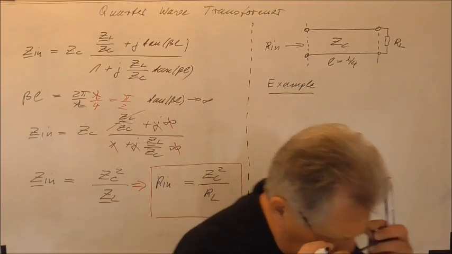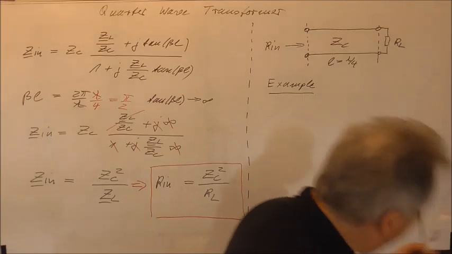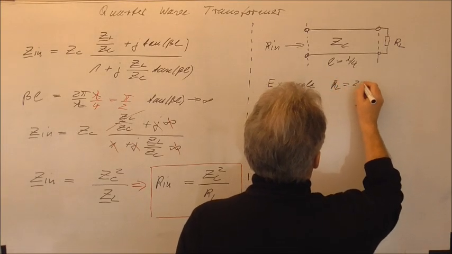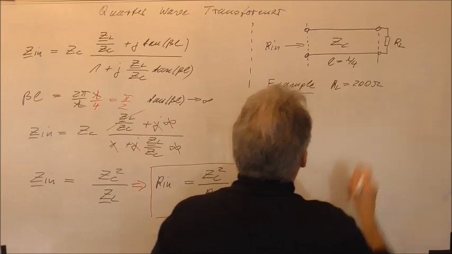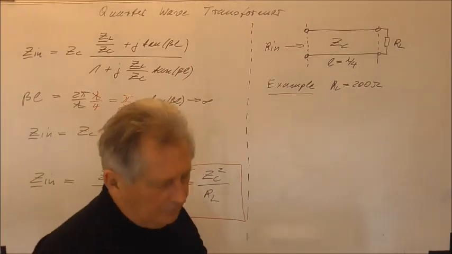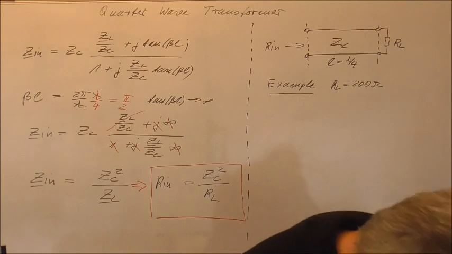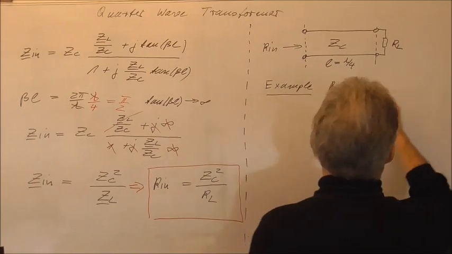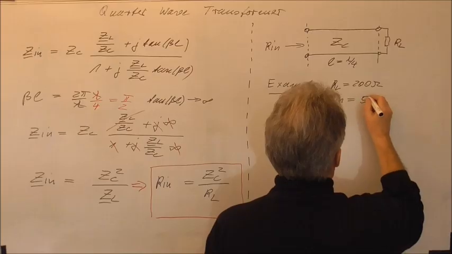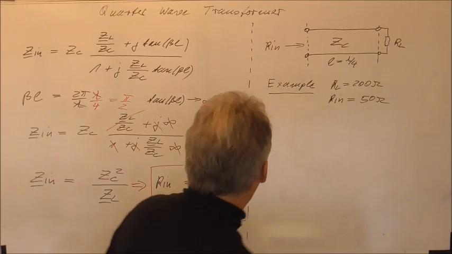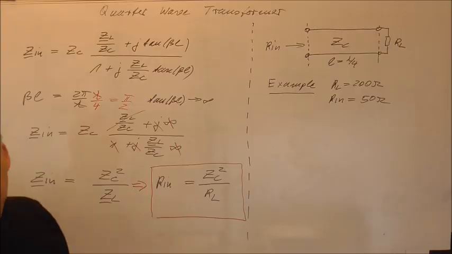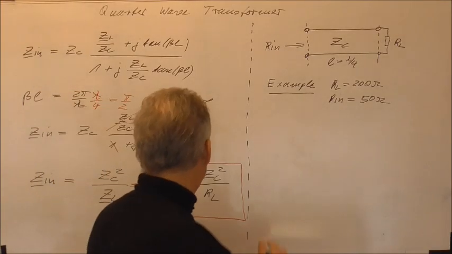For example, if I choose RL to be 200 ohm, and very often in RF engineering we have to transform to an input impedance of 50 ohm, so we choose Rin to be 50 ohm, and then we can resolve this equation to get the necessary characteristic impedance.